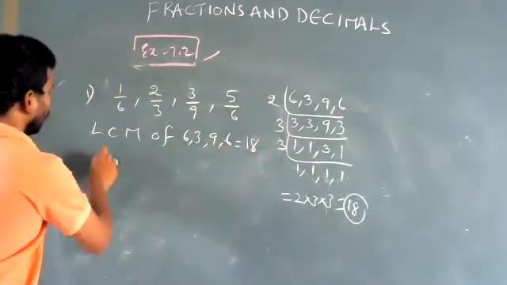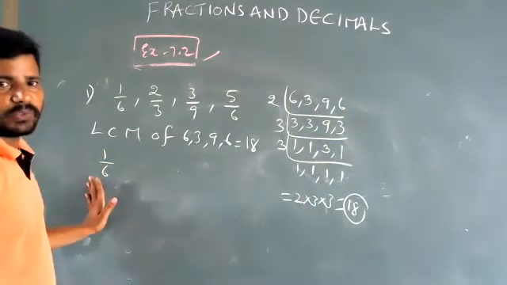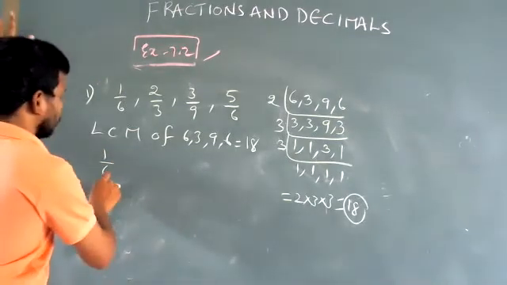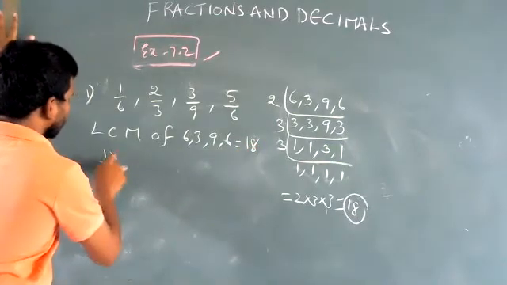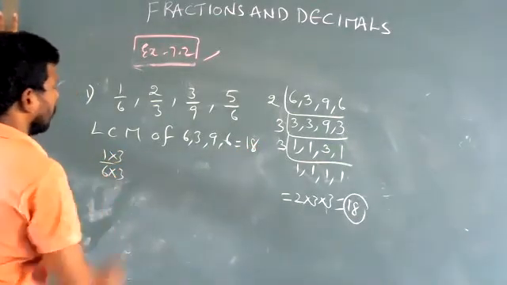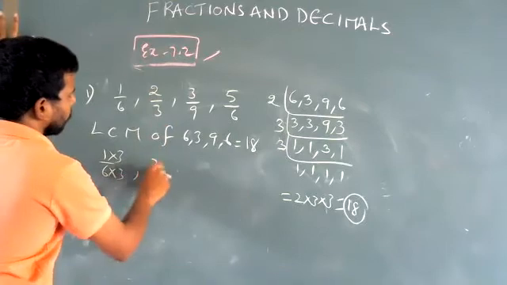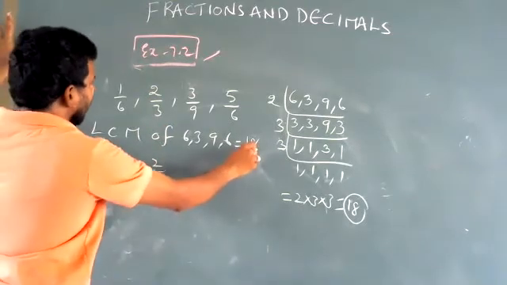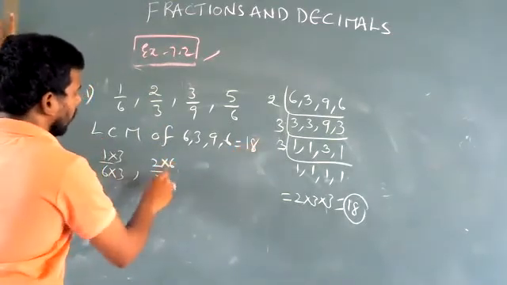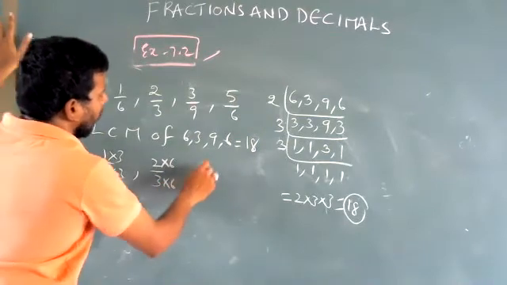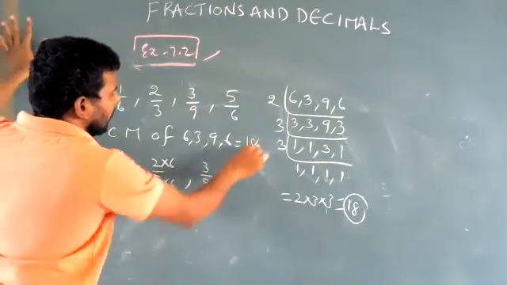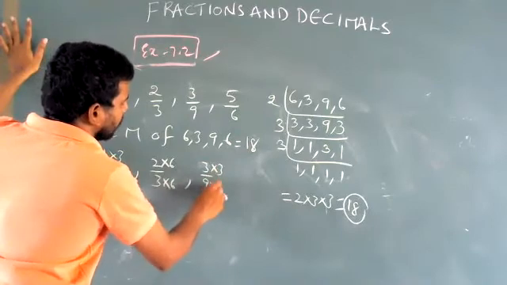Now bring down 1 by 6. Now you should convert into equivalent fractions. 6 in 18, 3 times. Now take 2 by 3. This 3 in 18, 6 times divisible. Now bring down 3 by 9. This 9 in 18, 2 times divisible.